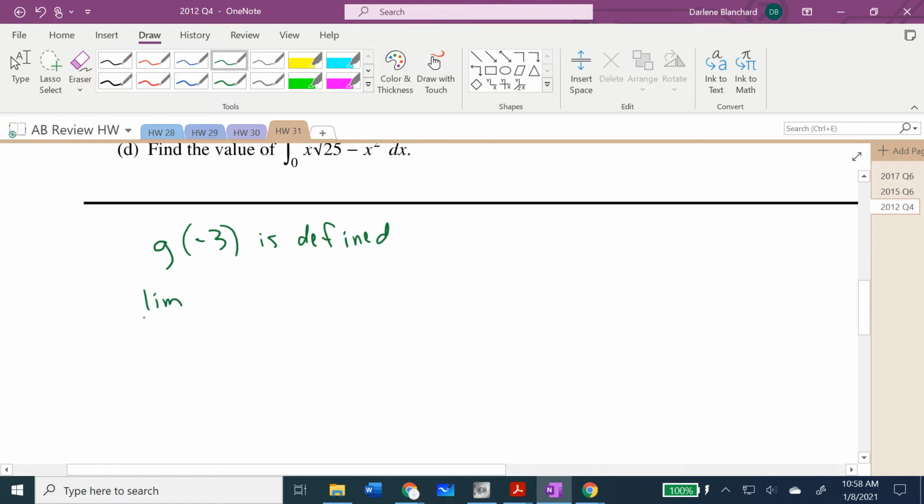The limit as x approaches -3 of that function must exist, but you're going to have to show that it exists. After you do those two things, then you're going to determine if the answer to that limit is equal to the y value. And all of this notation that you see here has to be written correctly.